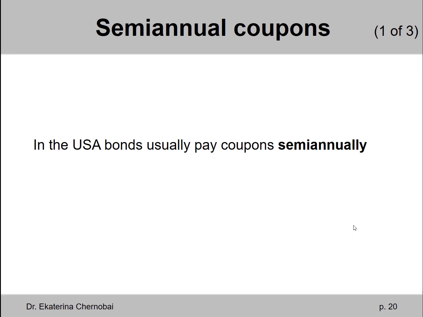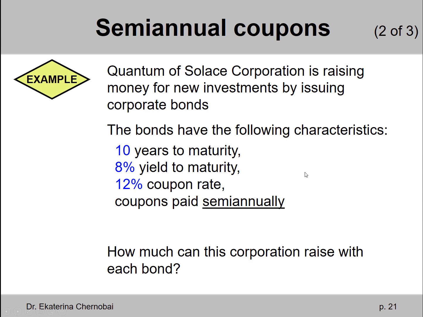In this country, bonds usually pay coupons semi-annually, so 2 coupons every year, one after the first 6 months and the second one after the second 6 months. Let's do an example. Let's say we have Quantum of Solace Corporation, another one of James Bond's movies, raising money for new investments by issuing corporate bonds.